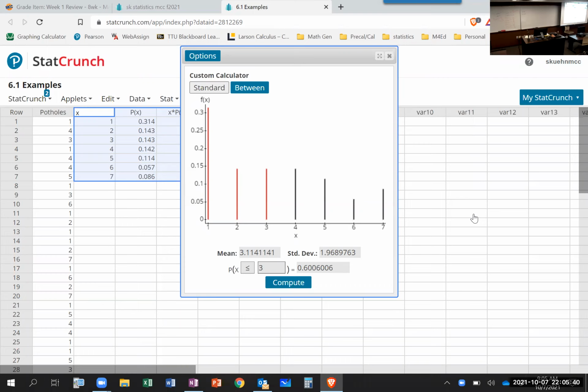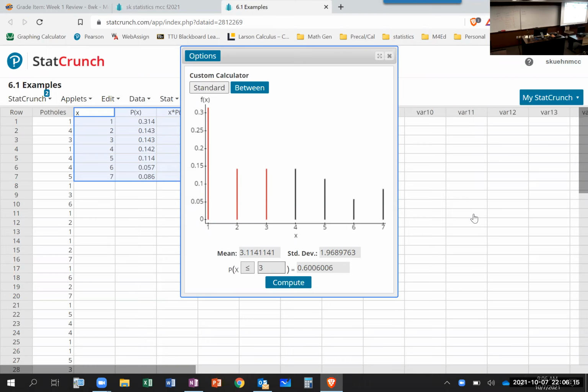Everybody got that? It's not potholes because the values are actually our variables. X will be P of X. We don't do anything there. They compute. There we go.